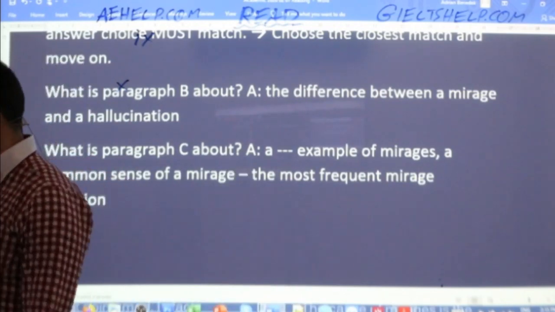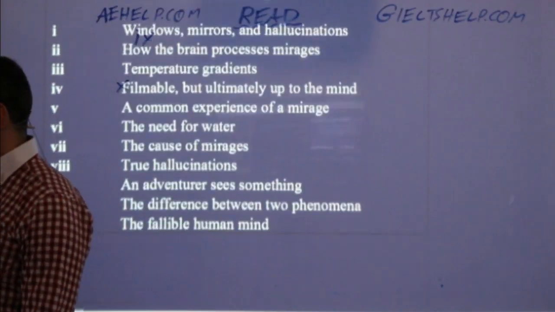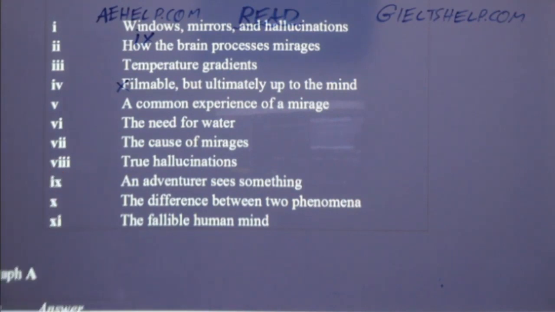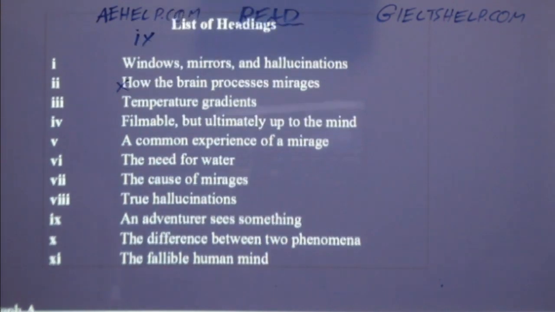Okay. So, which one matches? Which one of these do you think is closest to this frequent mirage situation? Pull that down a little bit more. So, frequent mirage situation. Any of those match to what you were saying this paragraph is about?